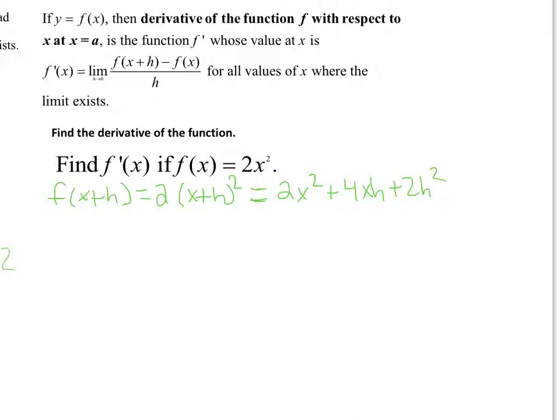And then we know f of x equals 2x squared.